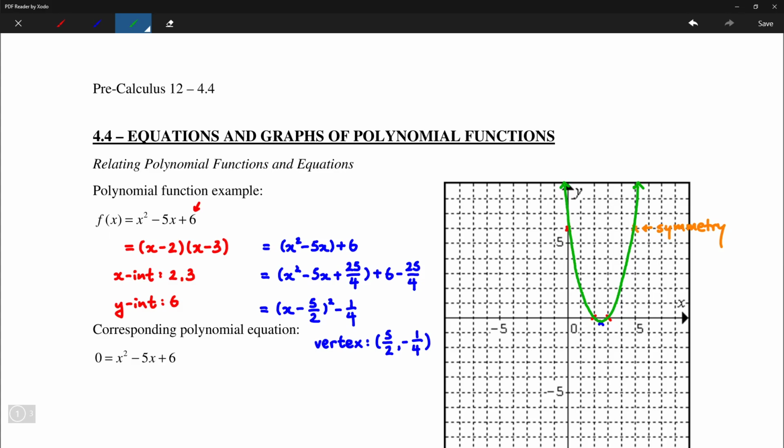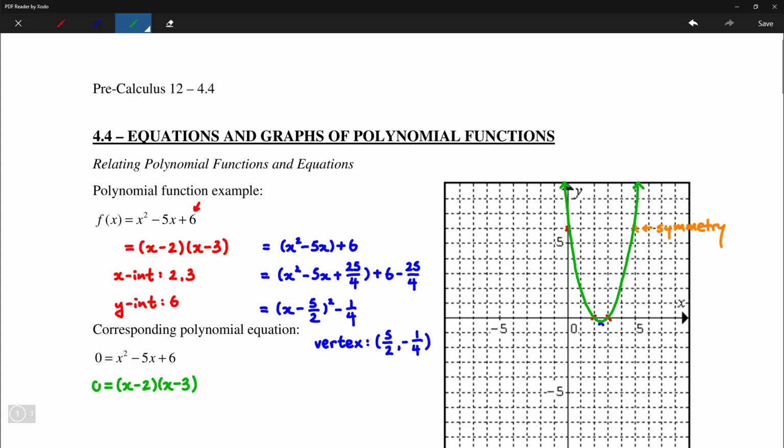Okay, so the corresponding polynomial equation, of course, is the same thing, but with 0 instead of f of x on the left-hand side. And the idea here is that this is, of course, an equation, and if we factor the right-hand side, we still get x minus 2 x minus 3.